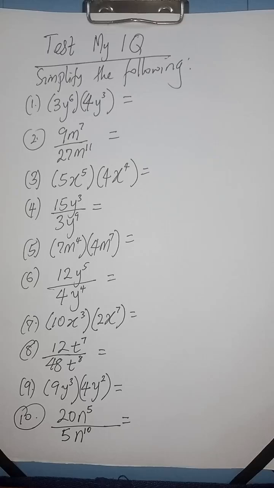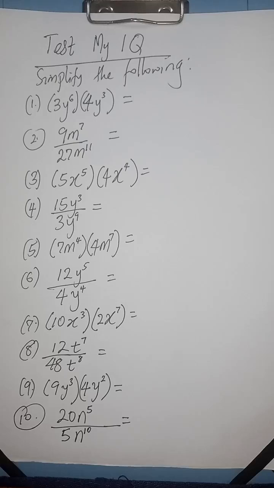And number 2 question is 9m raised to power 7 divide 27m raised to power 11. Number 3 question, 5x raised to power 5 in brackets, and then 4x raised to power 4 in brackets. And number 4, 15y raised to power 3 divide 3y raised to power 9.